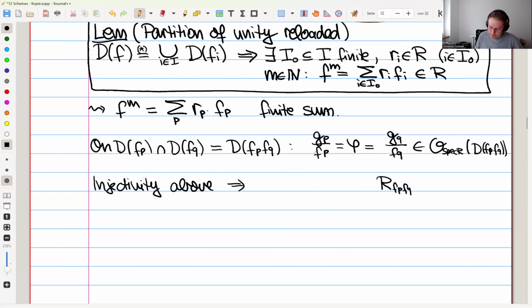So this is basically phi of this element and phi of this element agree in this space of sections, and then by the injectivity they must have agreed before applying the phi. So in other words, this GP divided by FP is equal to GQ divided by FQ as elements here.